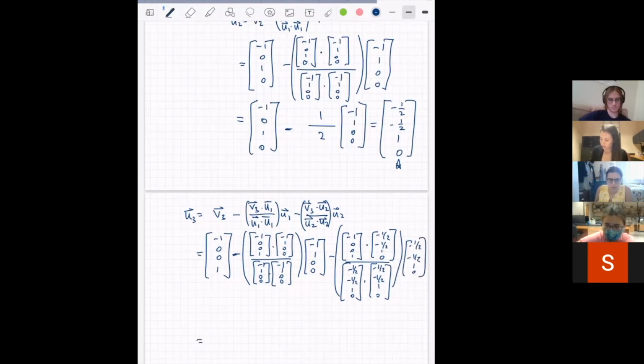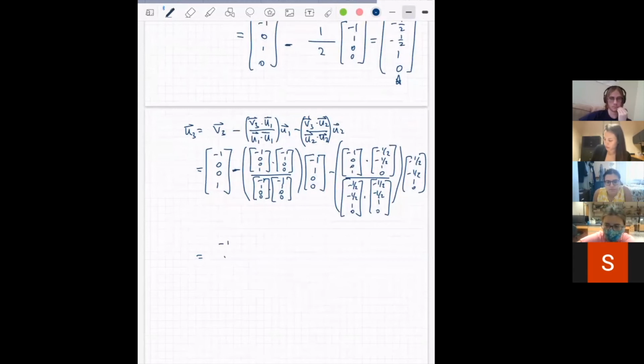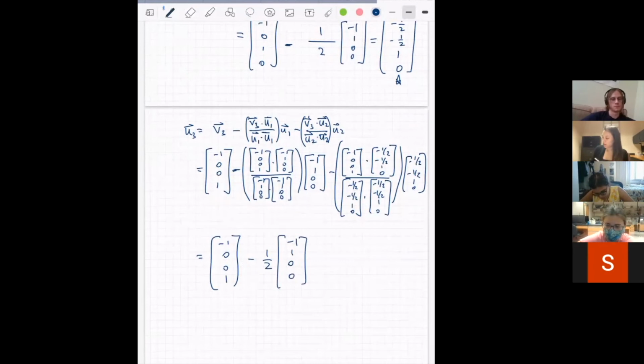Okay, so let's work out what this would be. Computing the dot product, we should get 1 there. And in the denominator, 2 again. Okay, so that's that first term.